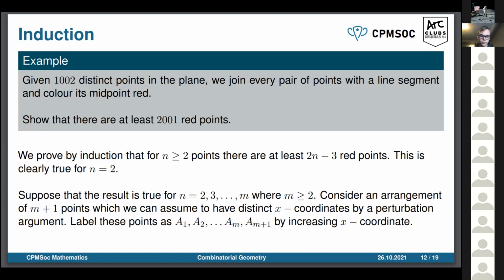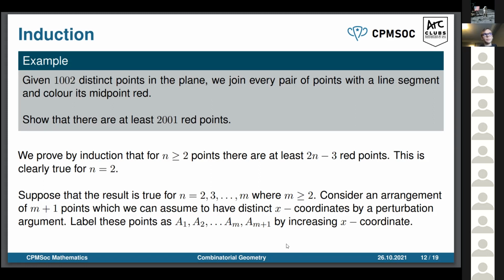And so if we have m plus 1 points, again, because of the argument from before about an infinite number of angles and a finite number of line segments, we can certainly arrange the points so that they all have different x coordinates again, in the same way that we did last time.